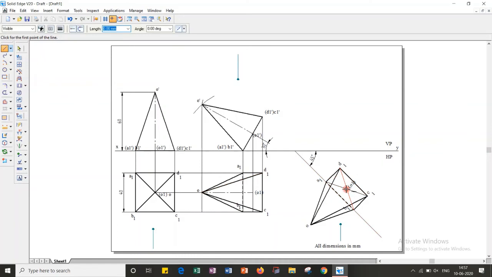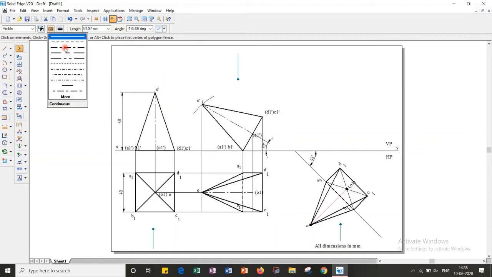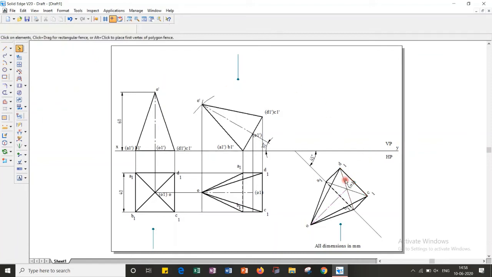So this will be center, point O1, and this becomes axis. Change it to axis type. So moving on to final step, you have to project vertical lines from all the corners, starting from A1.